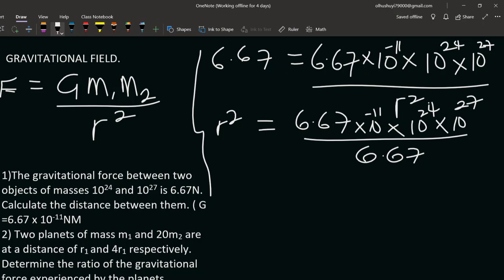So this and this can go. So what we have left will be equal to what? 10 raised to the power minus 11, 10 raised to the power 27.